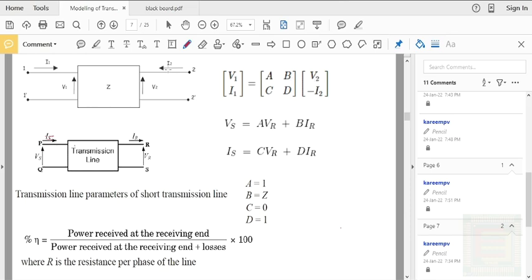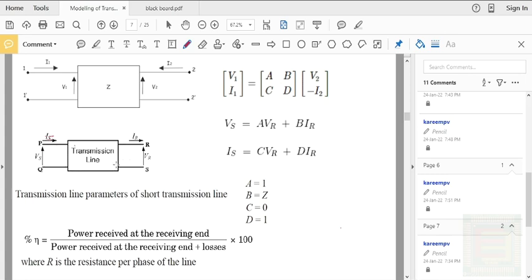This formula is actually derived from this network, and here I2 is flowing into the network, so minus I2 will be flowing out of the network. So in the standard formula you have minus I2, and this minus I2 will be equal to IR in this case. That you have to remember if you compare the standard two-port network from where we have derived this expression for the transmission line parameters.